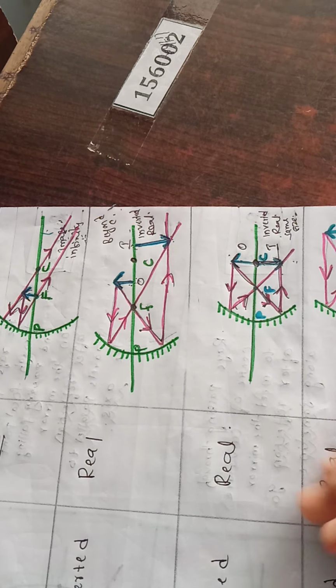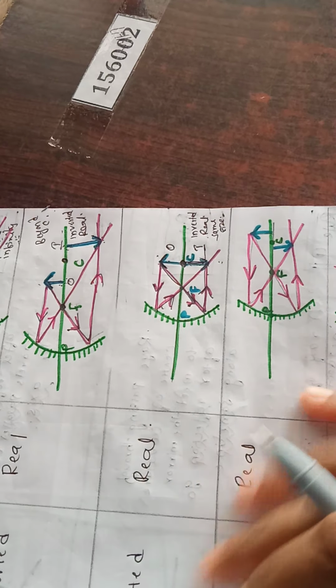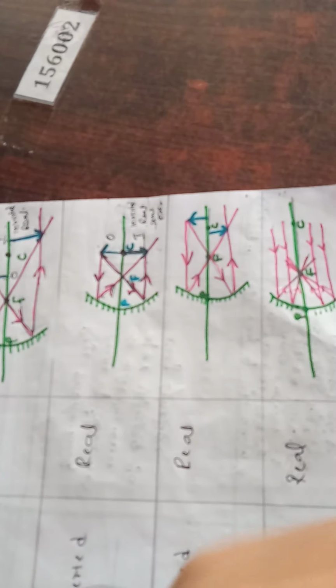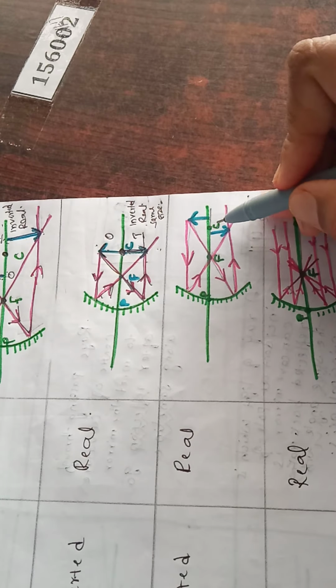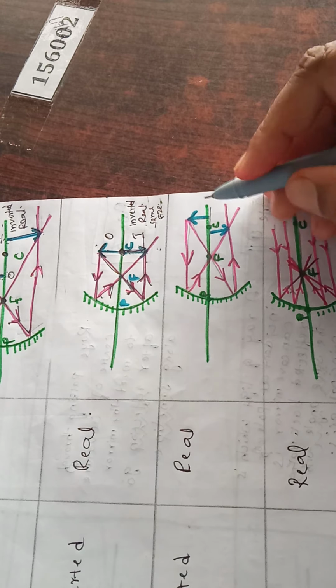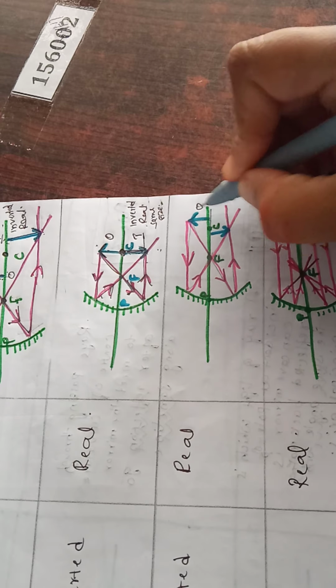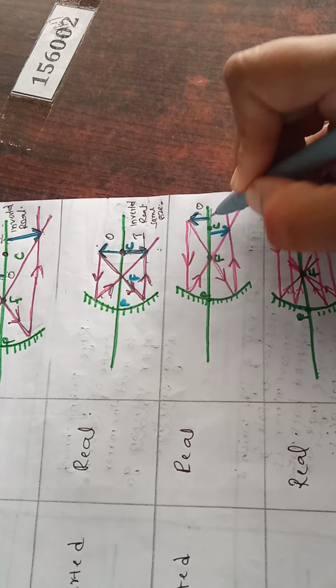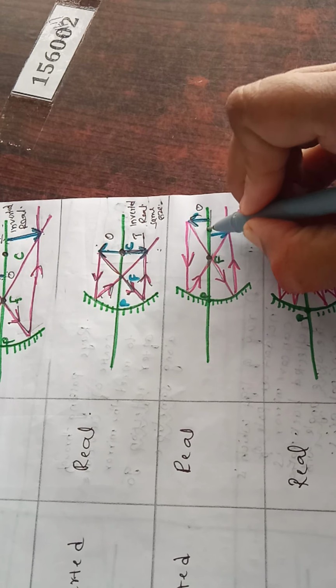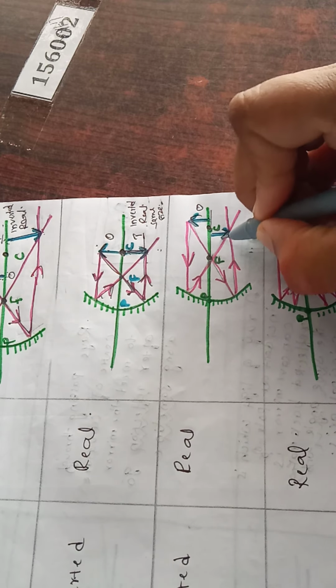Now next, let us go for the next case. So here, the object is placed beyond C. Okay, so this is the object. Beyond C we kept the object, and the image is formed between F and C, this is the image.